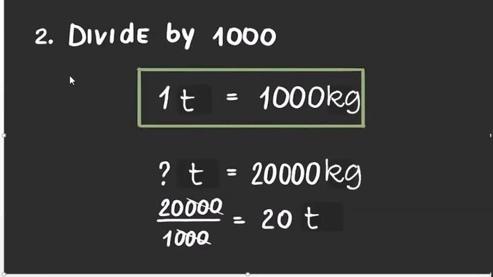Then let's see how to convert kilograms into tons, right? So divide by 1000. A ton is 1000 kilograms. So this means that to get tons from kilograms, you just need to divide the number of kilograms by 1000.